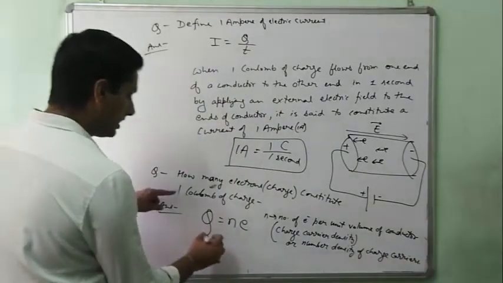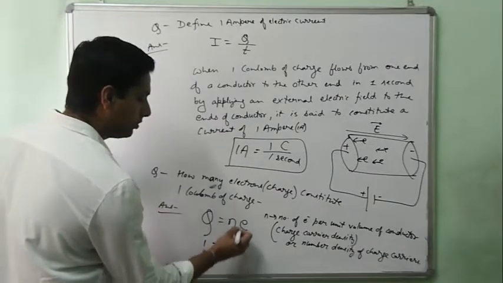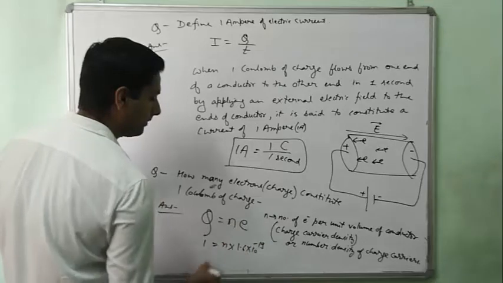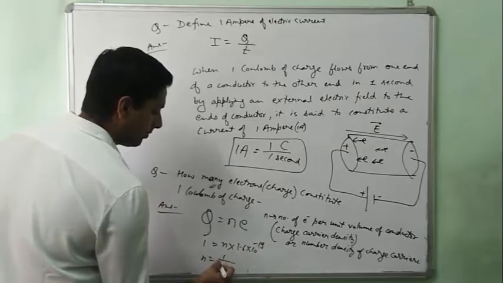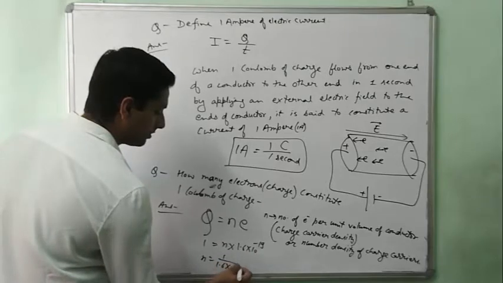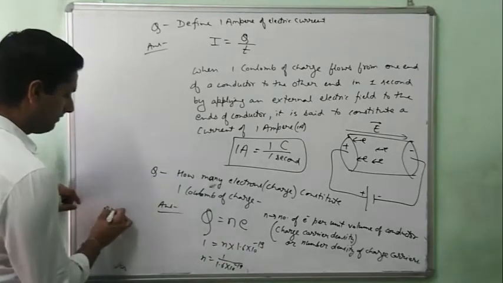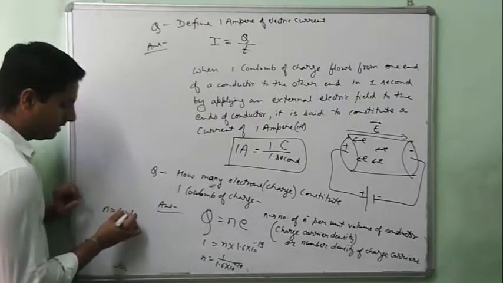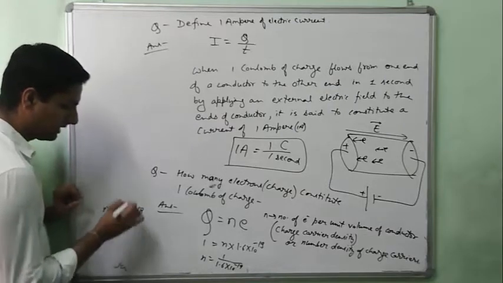So the total charge is 1 coulomb. This is n that you have to find into electron has 1.6 into 10 to the minus 19 coulomb of charge. So when we'll divide 1 by 1.6 into 10 to the minus 19 coulomb, your n will be 10 raised to power 19 divided by 1.6.